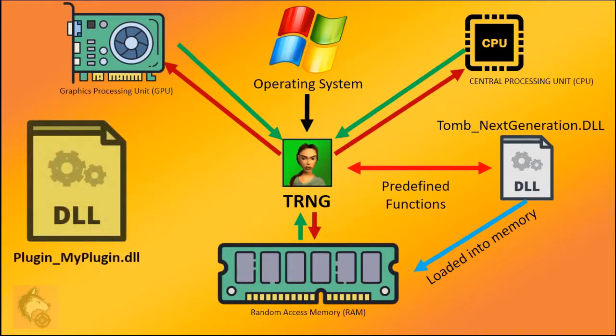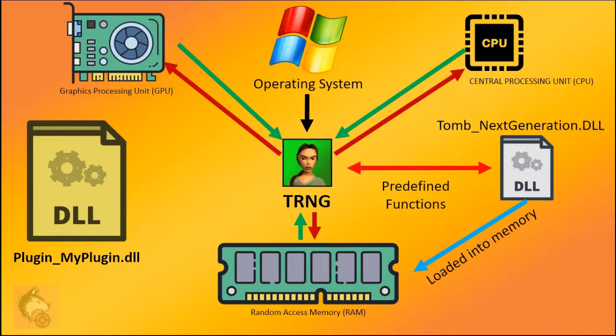Moving on to the left, this is your plugin underscore my plugin DLL. All of the names of these dynamic link libraries must start with plugin, or else the TRNG engine won't detect them. This is something that we will discuss later. It's not mandatory at this moment. So to the left, you have your DLL. It is ready.